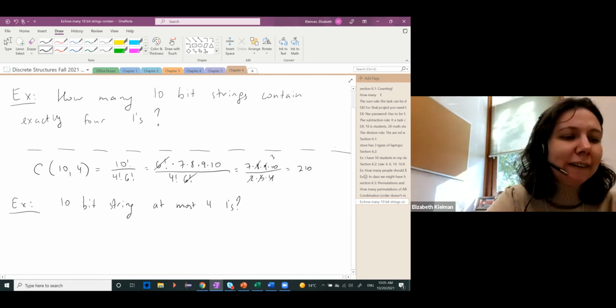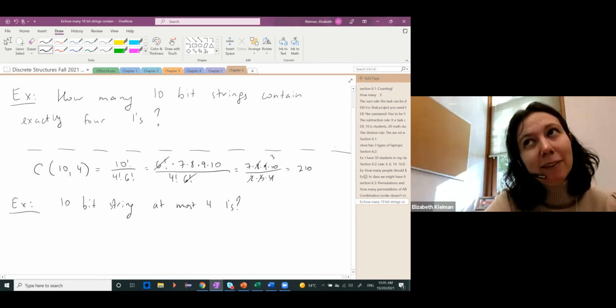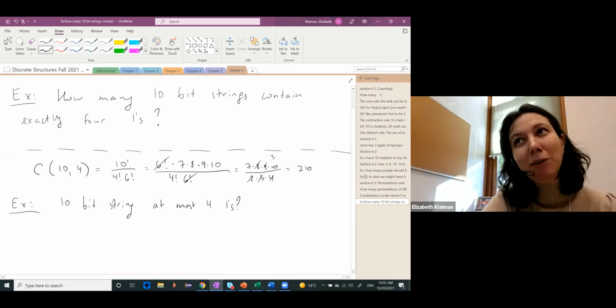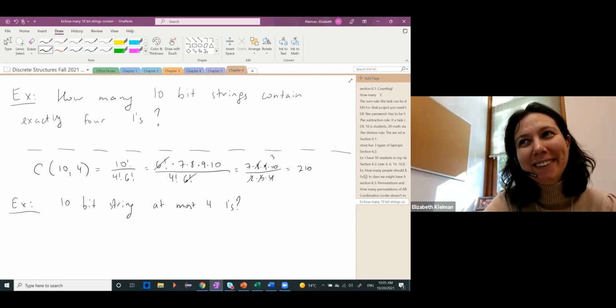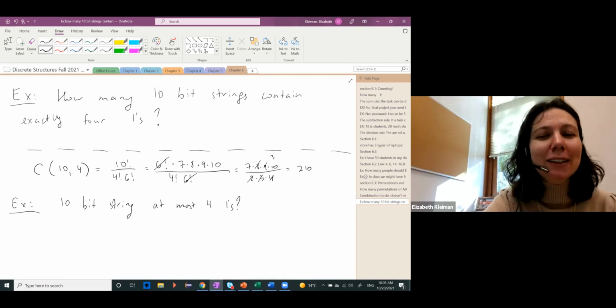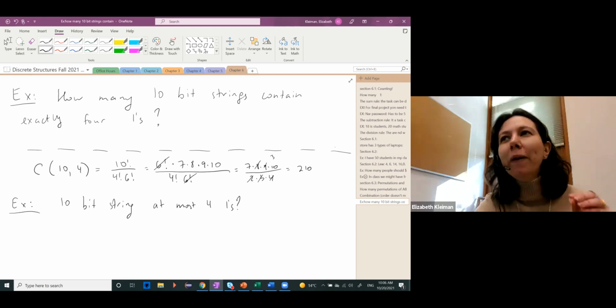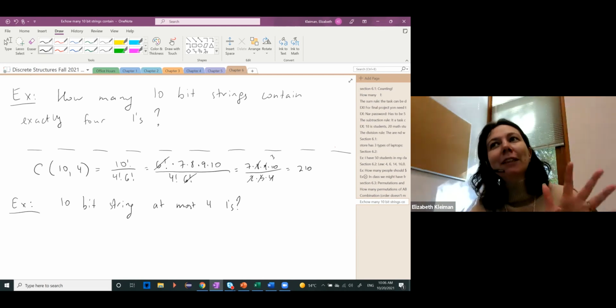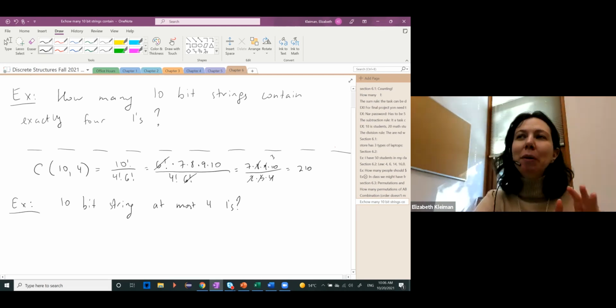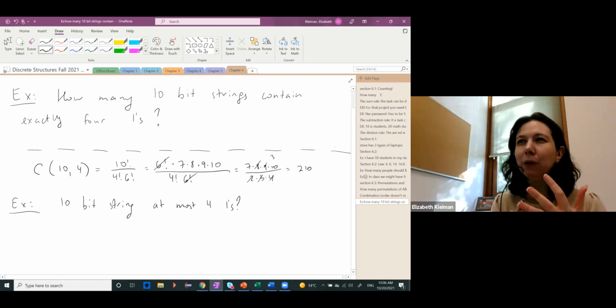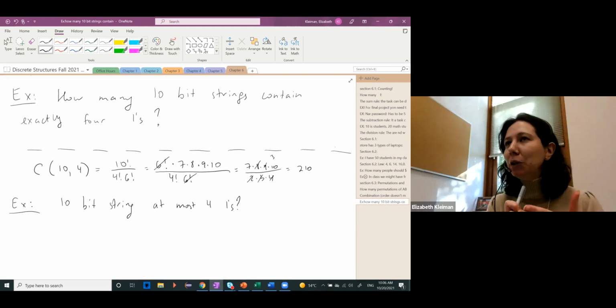So this one is much more complicated because now what are my possibilities? This is where we start breaking it into, remember my summation, product, division, and subtraction rules.